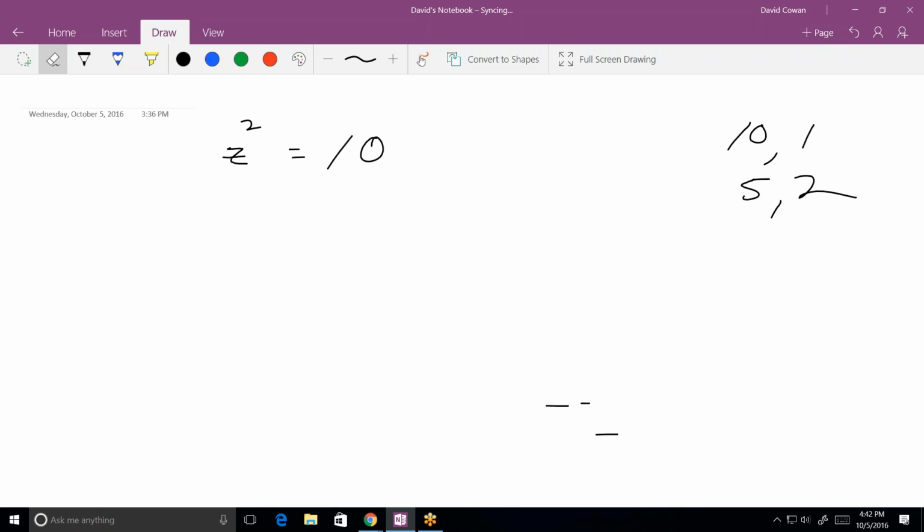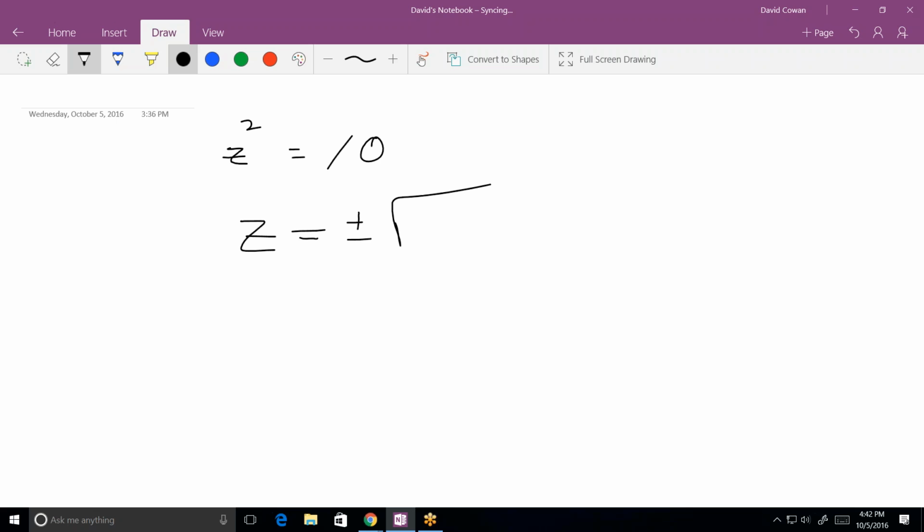Well, now I don't need to do it the other way. In other words, I don't need to set everything on one side and set the other to 0. I can solve this by taking the square root of both sides. And then, of course, I have to simplify that. No, I don't. That's not simplifiable. So that's my answer.